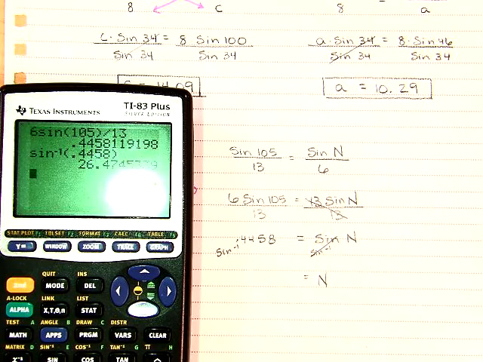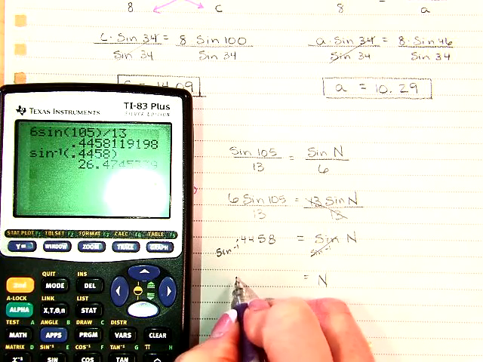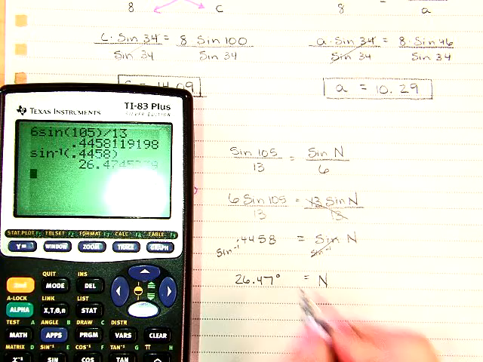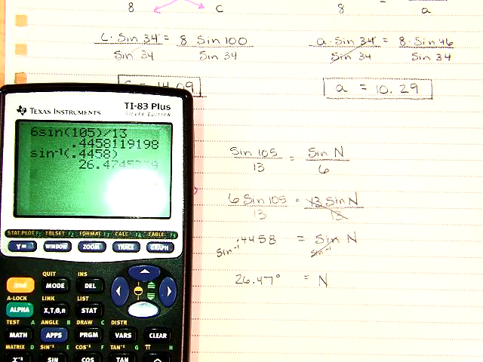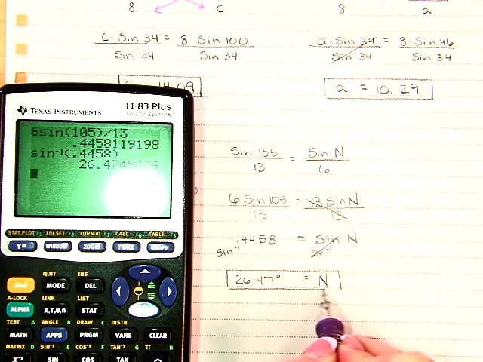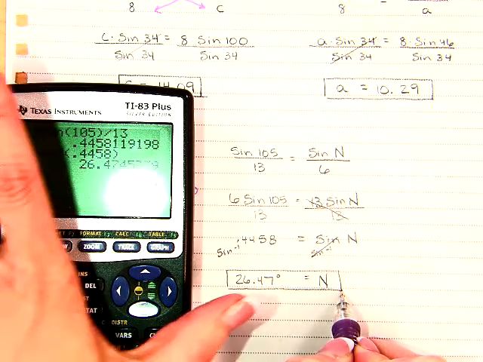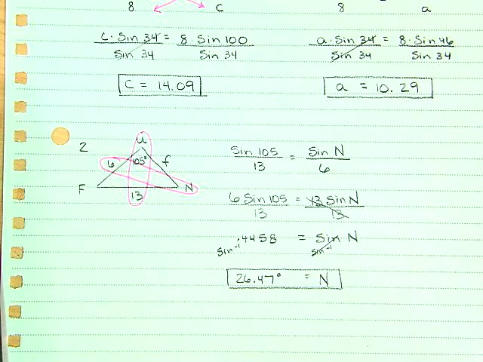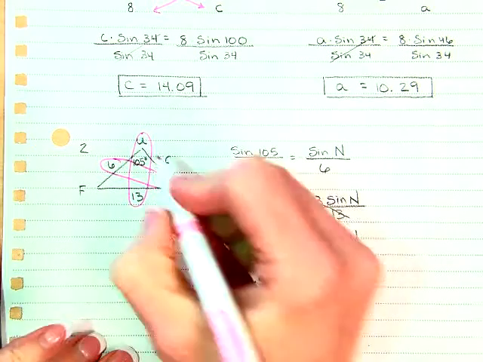And you get 26.47 degrees is the missing angle N, rounded to the nearest hundredth. So there you go. Now once I have angle N though, up here I'm going to put it in pink here, 26.47.